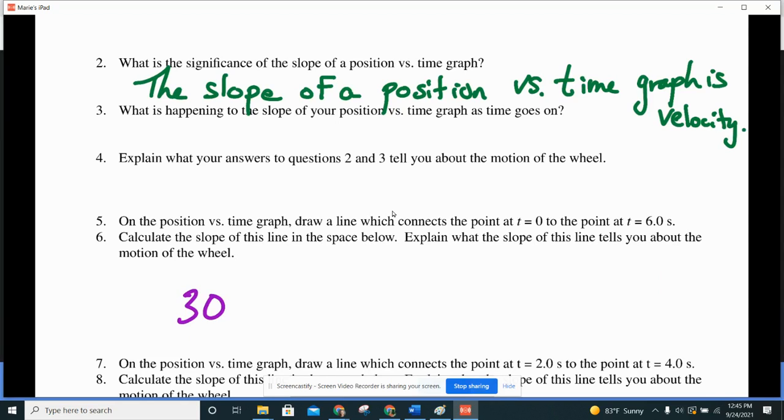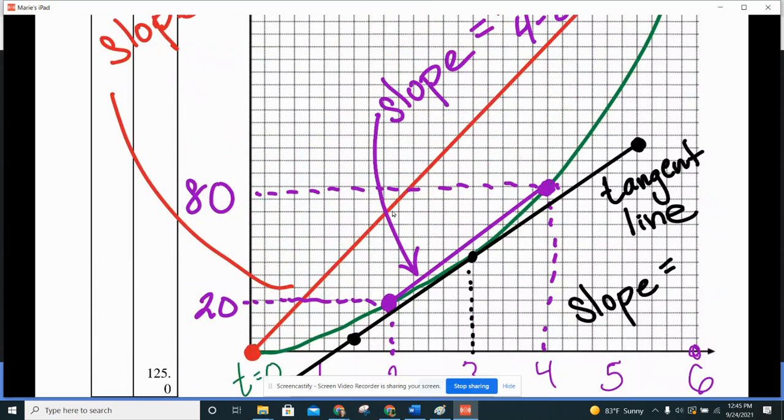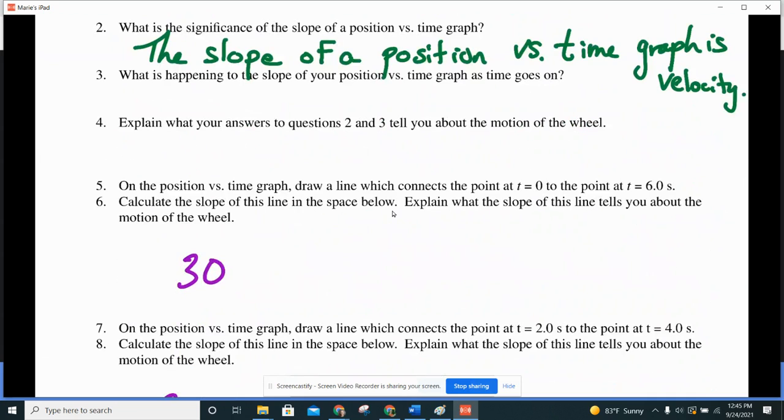Okay. And then it says, what is happening to the slope of your position versus time graph as time goes on? What's happening to your slope? Your slope is getting steeper. So the slope is getting steeper.